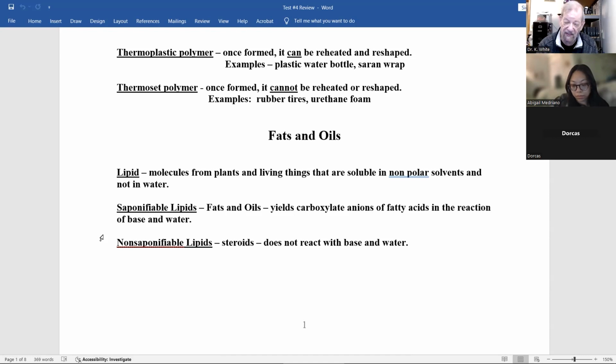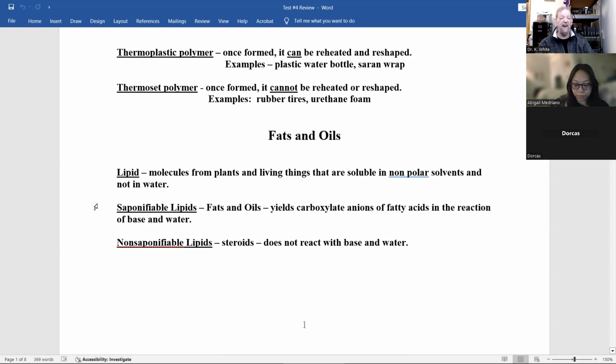And you know saponifiable, there's saponification of an ester. In this case, a saponifiable lipid yields carboxylate anions of fatty acids in a reaction of base and water.